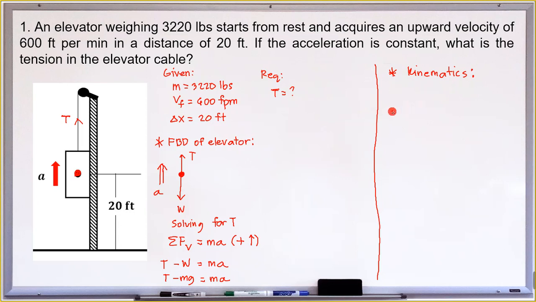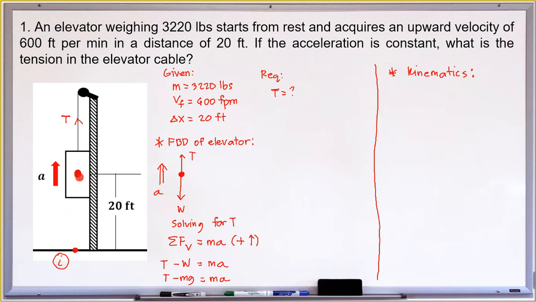For the kinematics, let's consider the initial state and the final state of the elevator. Initially, it starts at the bottom. Let's label this as the I state, for the initial state.